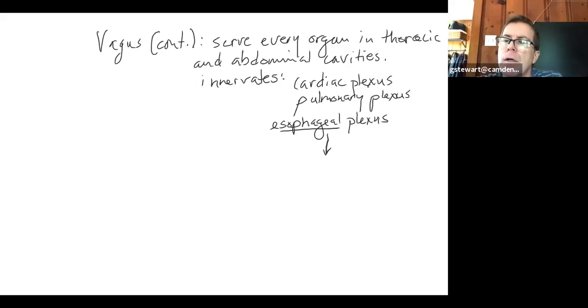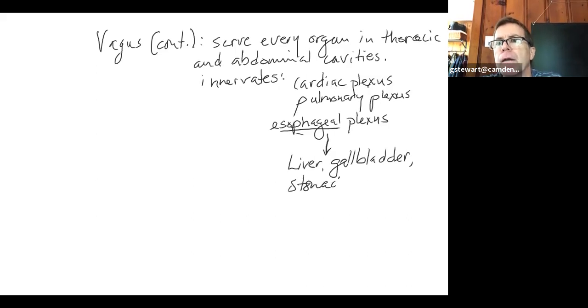There we go. So the esophageal plexus, back to this, rides down the esophagus and gives rise to branches that innervate the liver, gallbladder, stomach, small intestine, and part of the large intestine, the proximal, the top part of the small intestine.